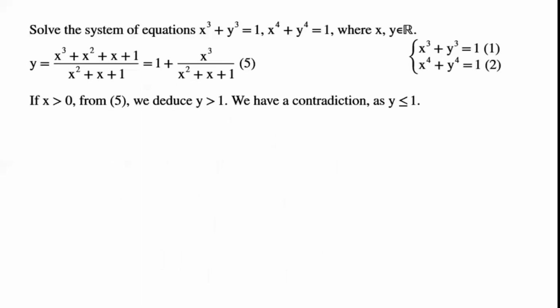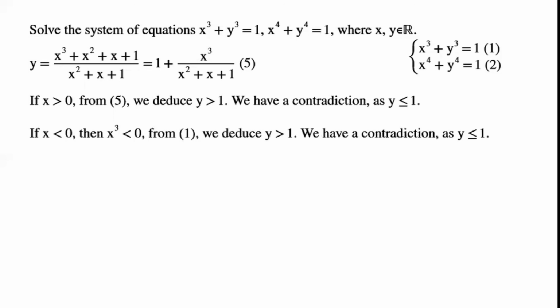If x is greater than 0, from equation 5, we can deduce that y is greater than 1. We have a contradiction, as y is less than or equal to 1.